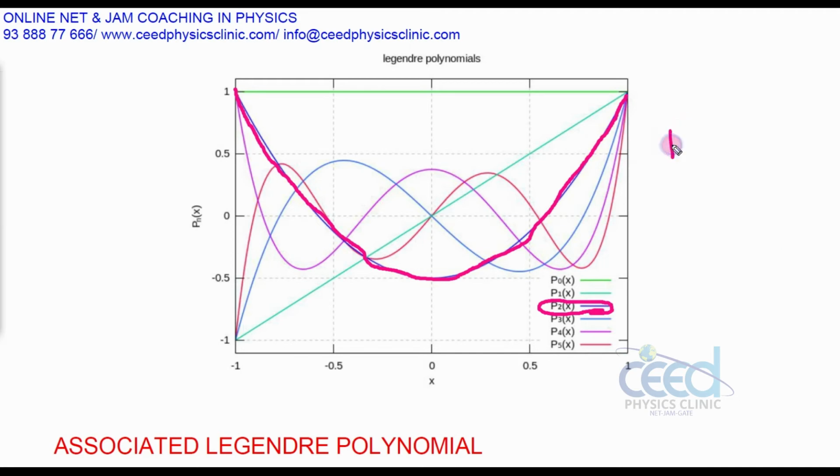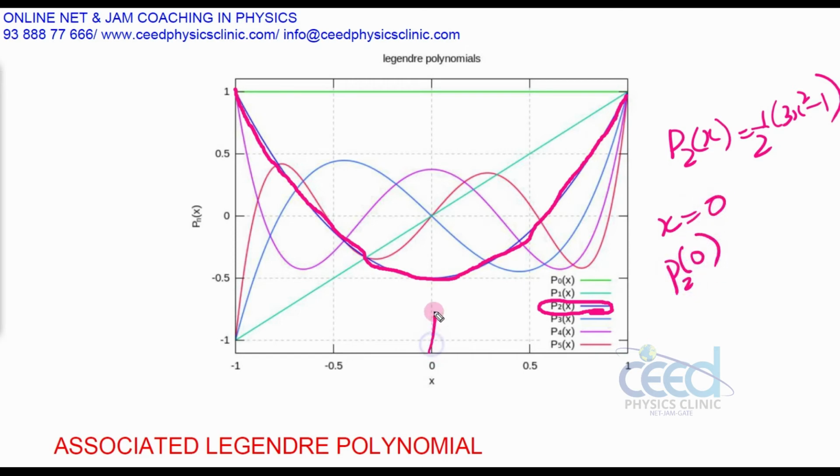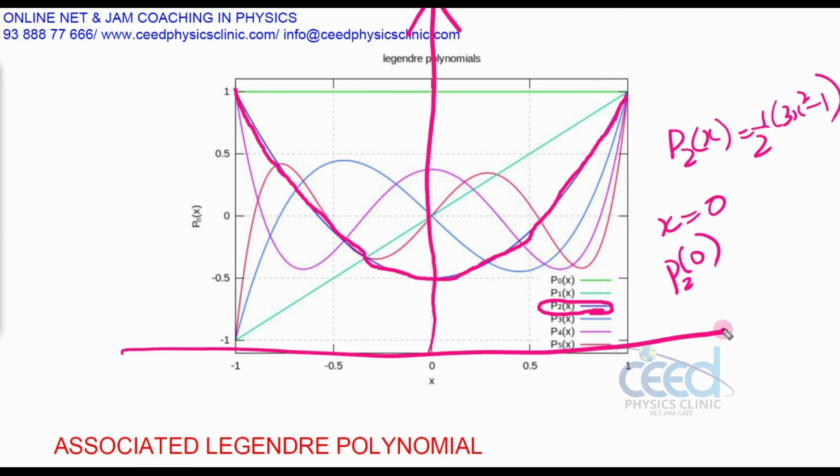What is P2 of x? P2 of x is equal to 1 by 2 into 3x square minus 1, right. When x is equal to 0, what is P2 of 0? When x is equal to 0, that is minus 1 by 2. That is minus 0.5, right. That way you have to draw the graph.